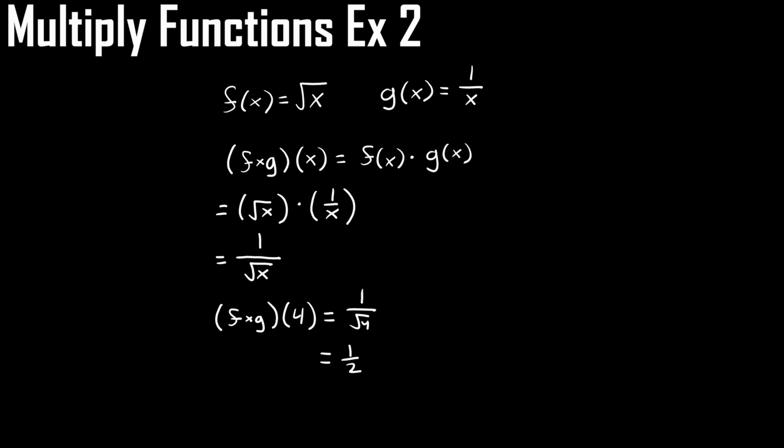Now we can check our answer by plugging 4 into f of x and then g of x and then multiplying. So f of 4 equals the square root of 4, and this simplifies down to 2. And then g of 4 equals 1 over 4, and 2 times 1 over 4 is 1/2. So we know we are correct.